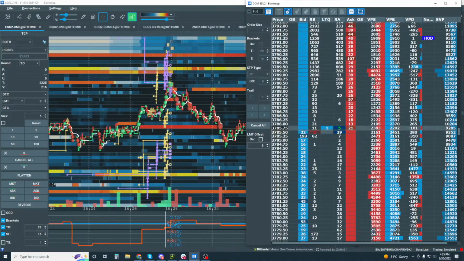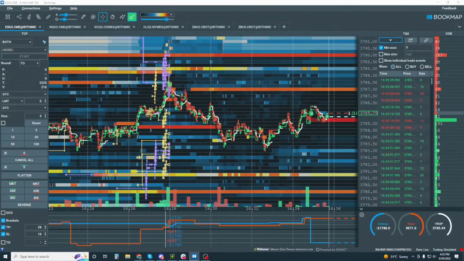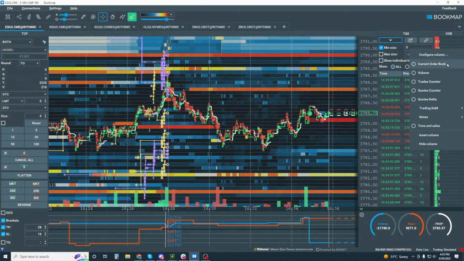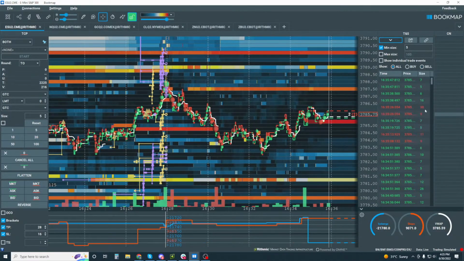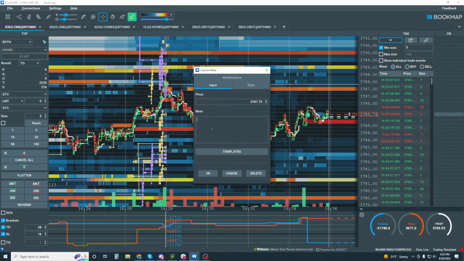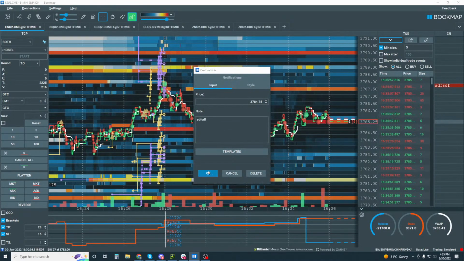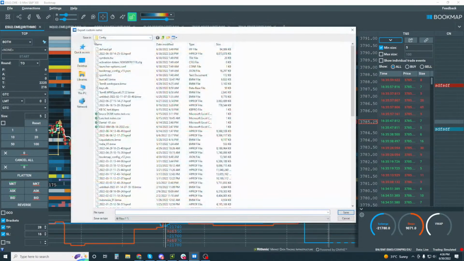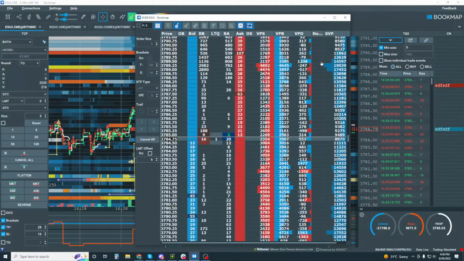That's right. So basically what you can do as well, this functionality was added just before release. If you, for example, have your notes already in custom notes in Bookmap here, you can export these notes by right clicking in here, export notes, and then you can import them in here.